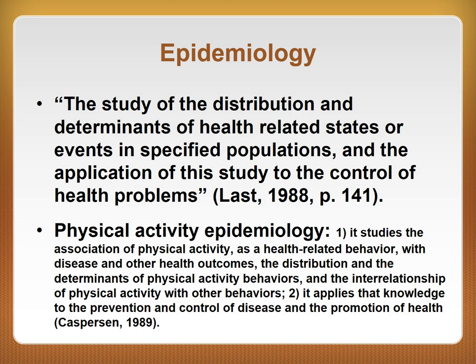Second, physical activity epidemiology applies that knowledge to prevent and control disease and promote health. So that is a definition for physical activity epidemiology. And this is one of the major parts we will cover in this course.